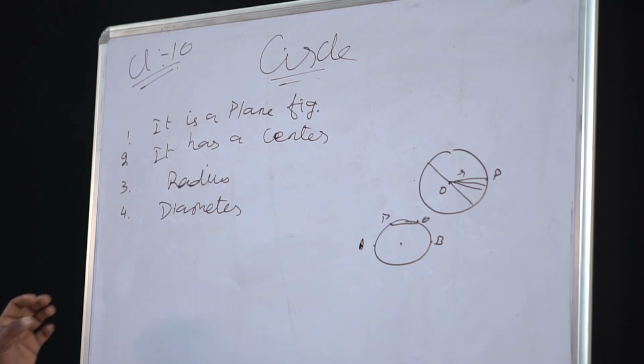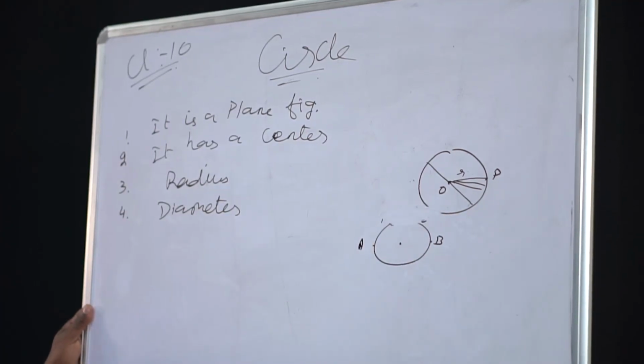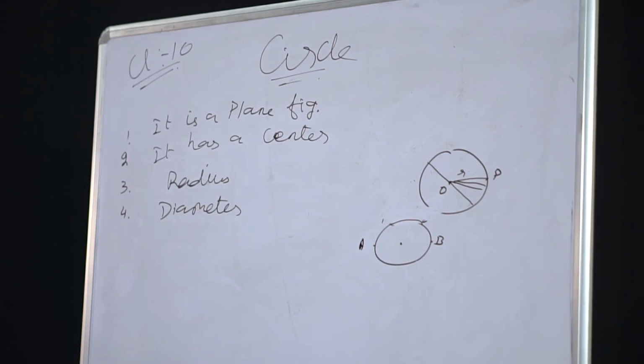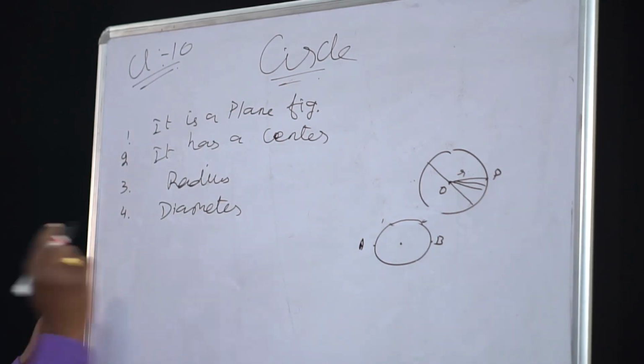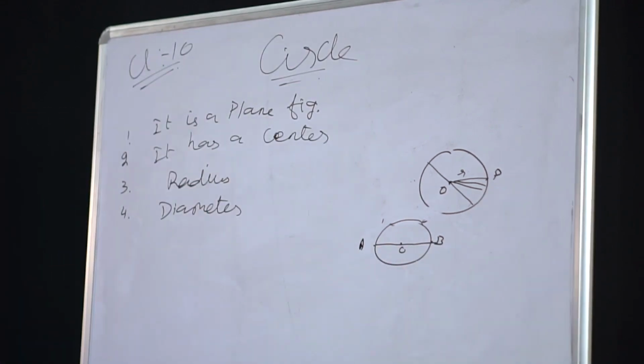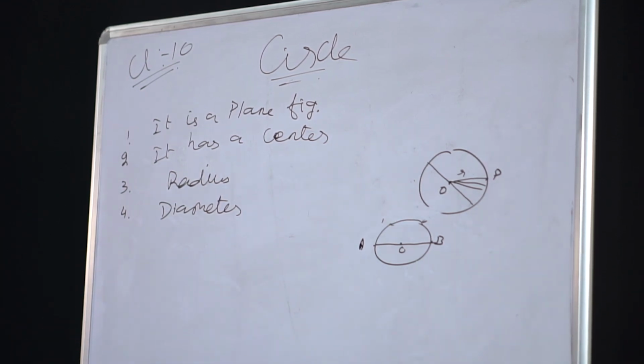What is its name? That I will teach you little later. So, diameter is the line segment which connects 2 points on the circle, but through the center. That is called diameter. Okay. So, how many diameters can be drawn? Is it only one?